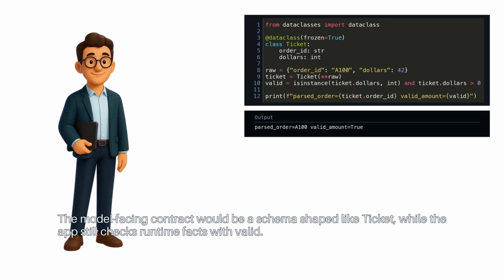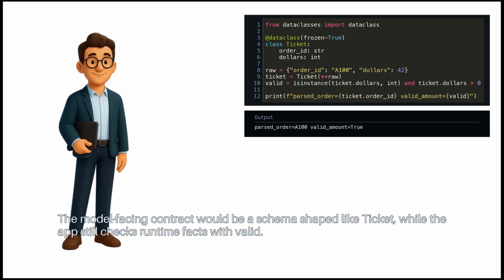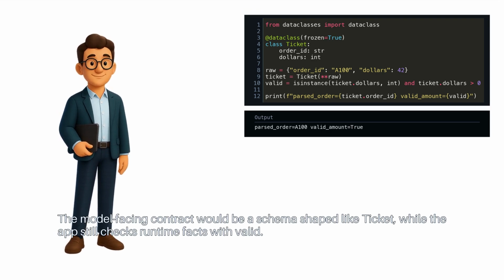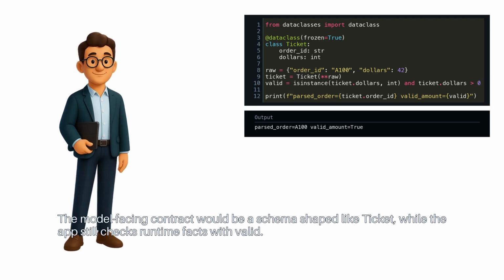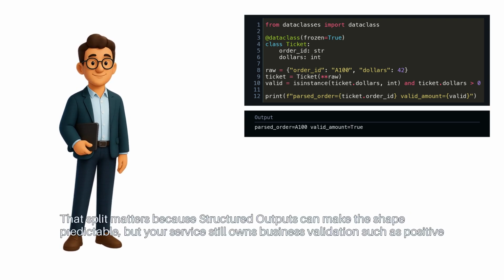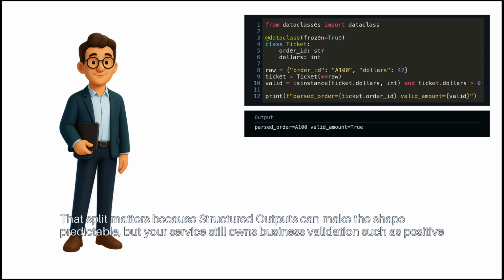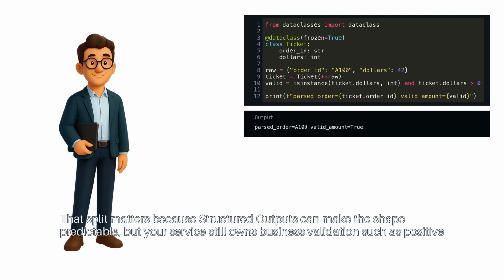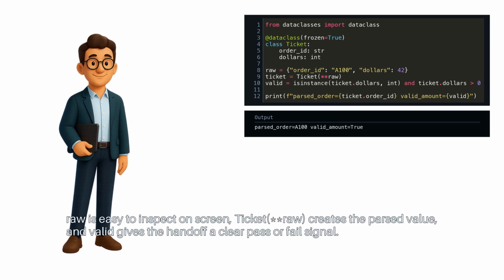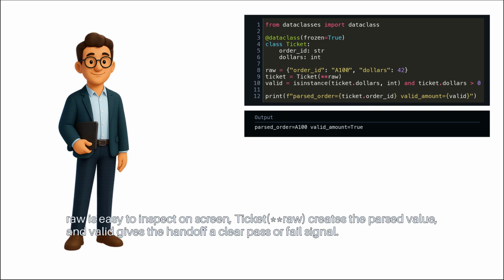The model-facing contract would be a schema shaped like ticket, while the app still checks runtime facts with valid. That split matters because structured outputs can make the shape predictable, but your service still owns business validation, such as positive amounts. Raw is easy to inspect on screen.